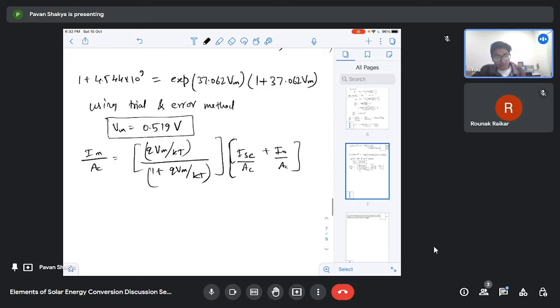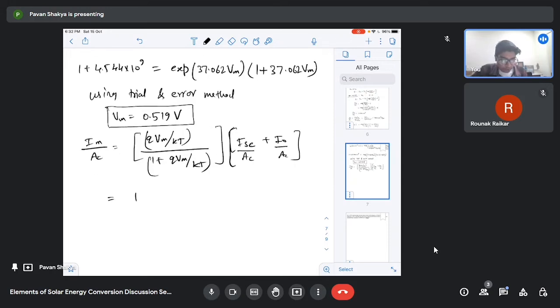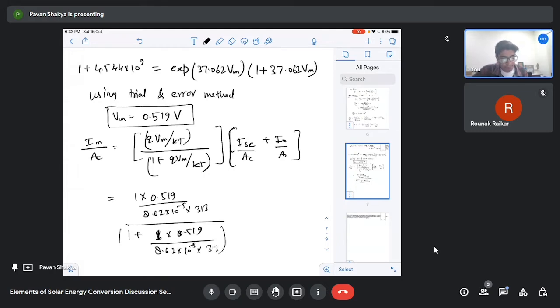Okay, so now if we put the value, then this Q is 1, Vm we have calculated as 0.519 divided by this K, that is 8.62 into 10 to the power minus 5, temperature is 313, and similarly in the other term Q is 1 and Vm is 0.519 divided by 8.62 into 10 to the power minus 5 into 313.